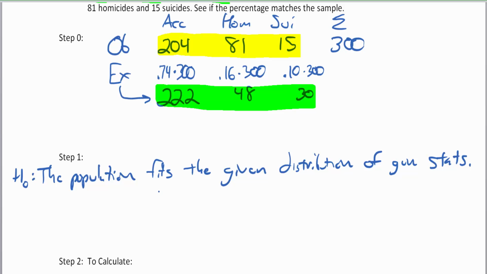The null hypothesis is always going to say the population fits the given distribution, or fits the data, whereas the alternative is going to say it doesn't. So the population does not fit the given distribution of gun statistics. So the null hypothesis says the percentages are fine. The alternative hypothesis says these differences in green are too far off.